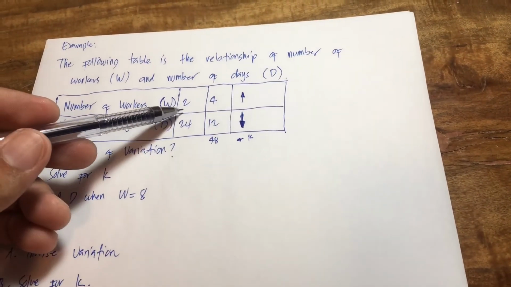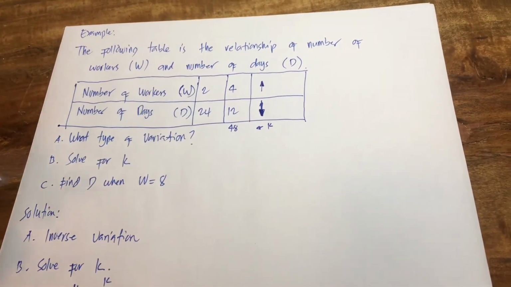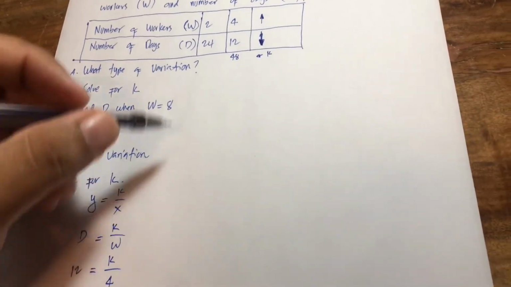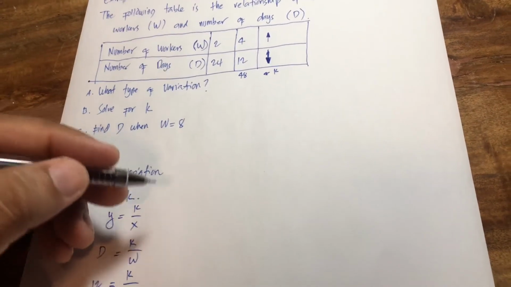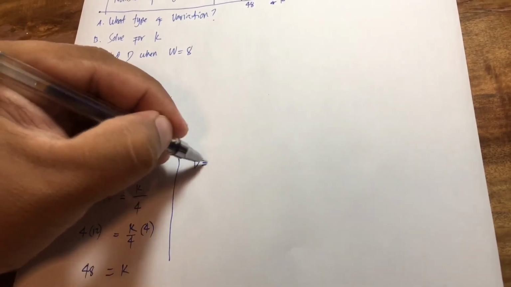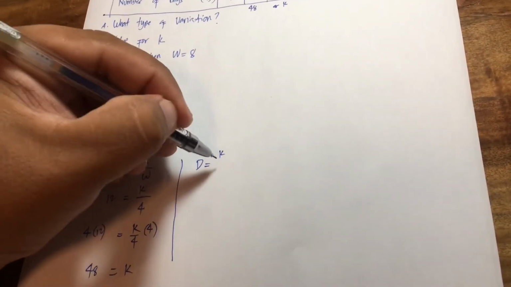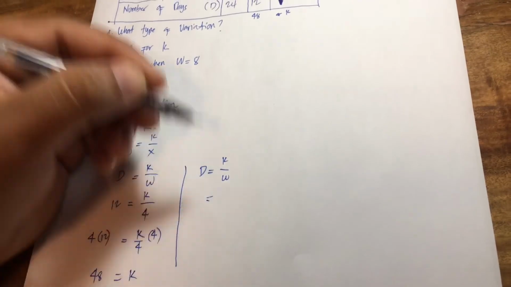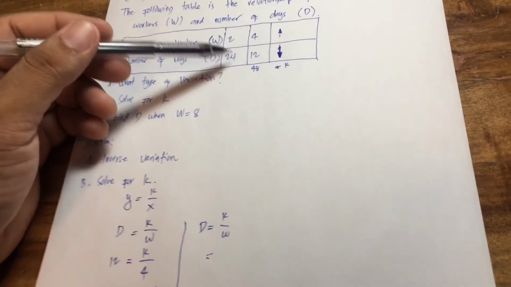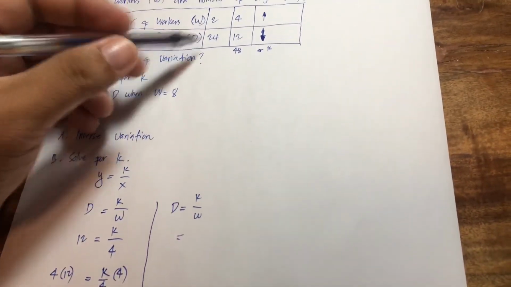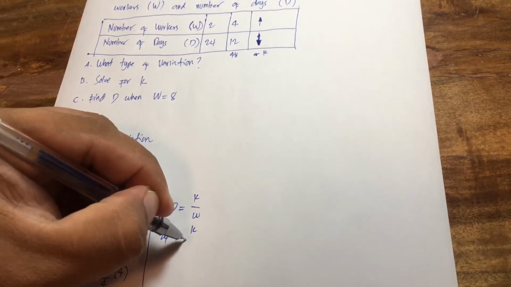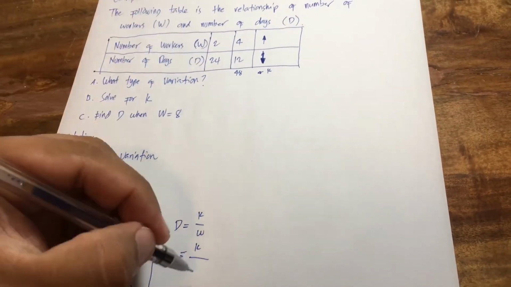Even if we solve for the first pair, we can still get the value of k. So again here, we will try 2 and 24. D varies inversely as W, we will try if really we can arrive at K equals 48. So our D is 24, then K over 2.